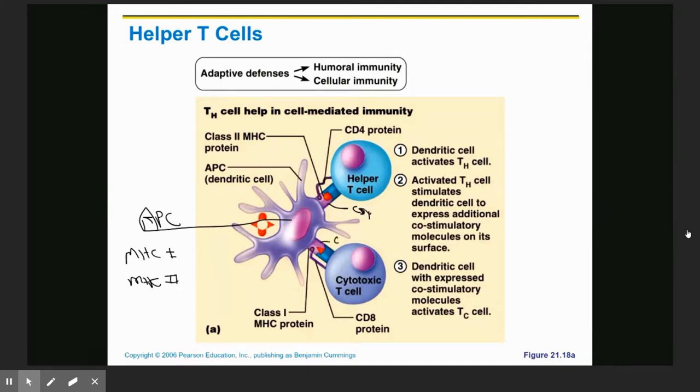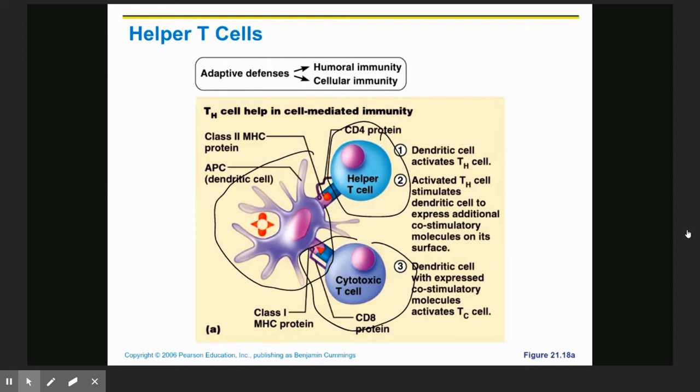That's a CD8. So they play the central role in bringing these two close to each other. And what happens is then we're going to release those cytokines and we're going to activate this cell. So they now become activated.